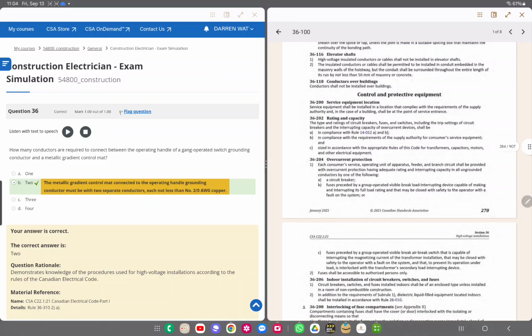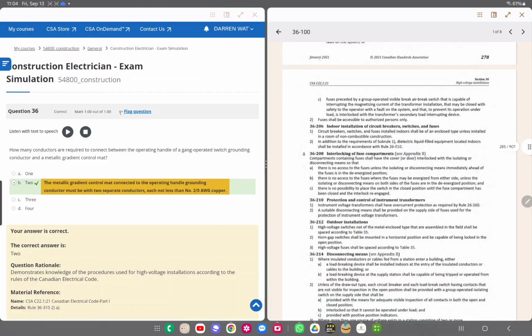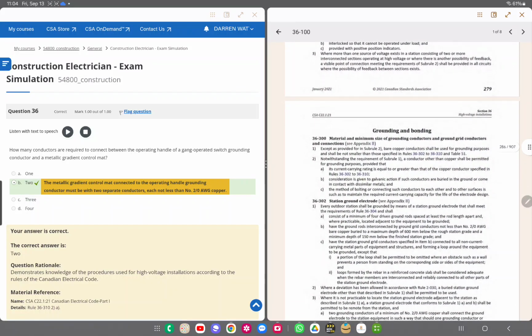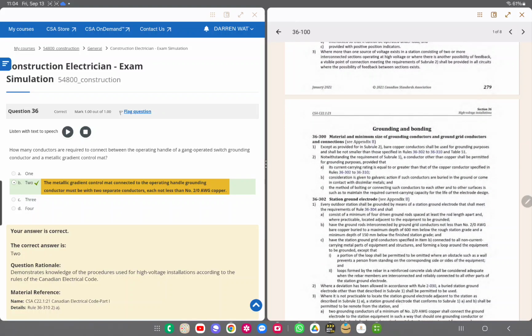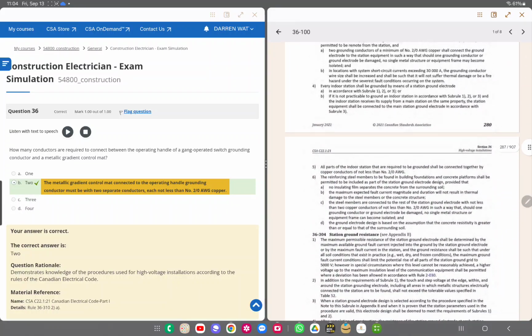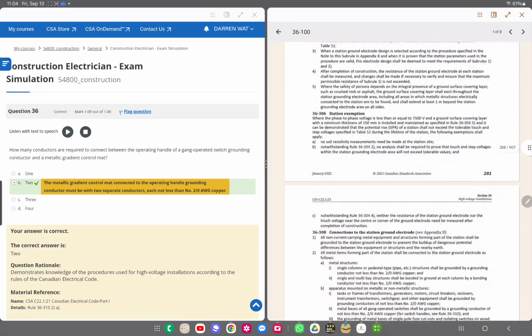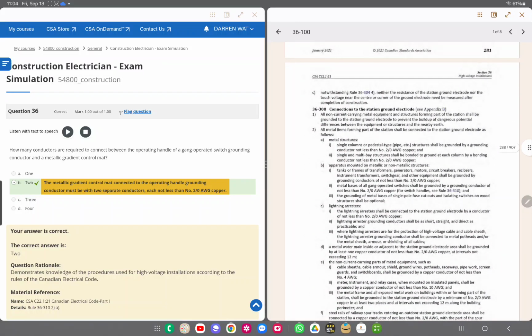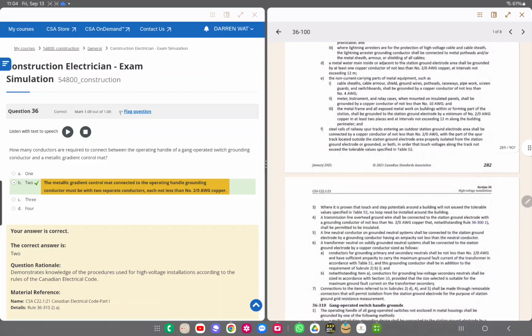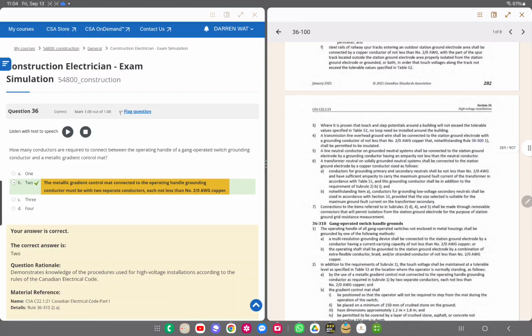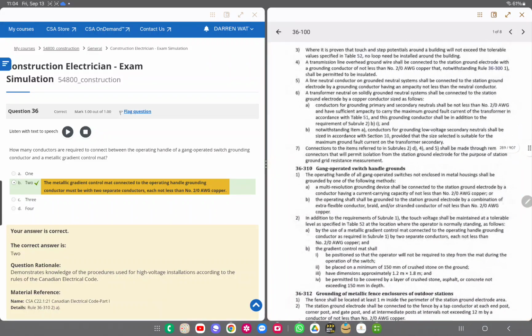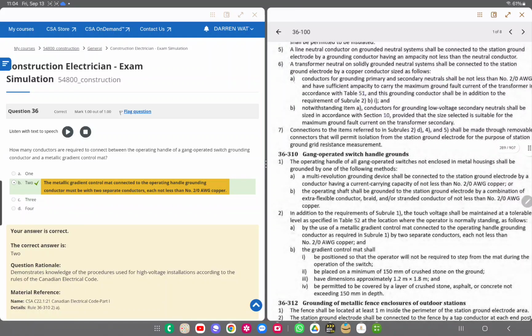There's also grounding conductor. So if we scan 36, we've got grounding and bonding, station ground electrode, station ground resistance, station exemption, connections to station ground, gang operated switch handle grounds. Okay, so now this looks promising.